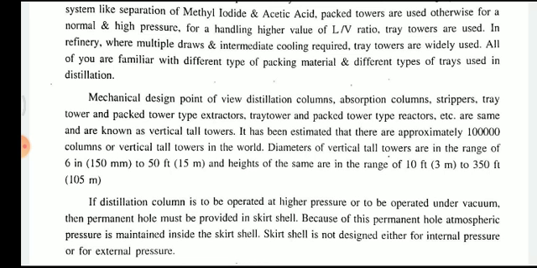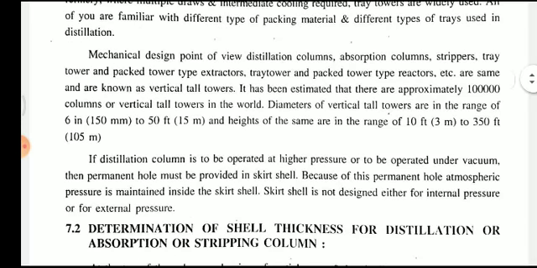Approximate diameters of vertical tall towers are in the range of 6 inch to 50 inch, that is 150 mm to 15 meter, and heights are in the range of 10 feet to 350 feet.